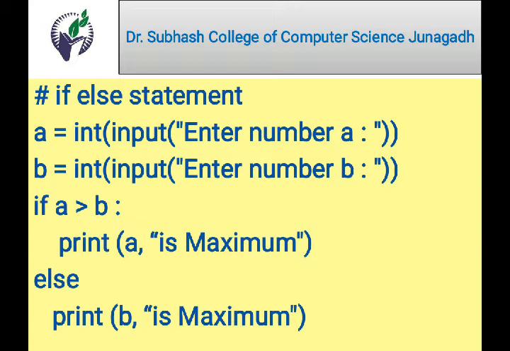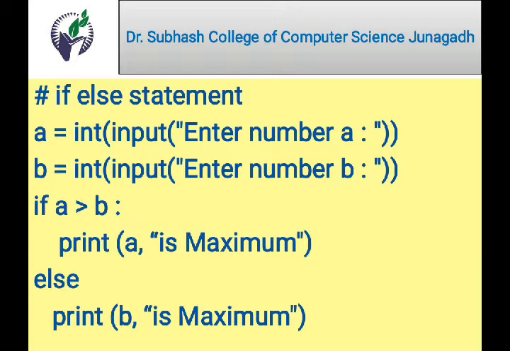In the same way, if we change the sign of greater than to less than, if I write A less than B, the same program becomes one for the minimum. If A less than B, then print A is minimum, else print B is minimum.